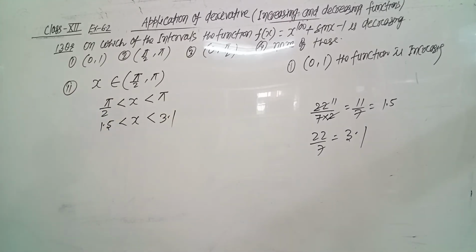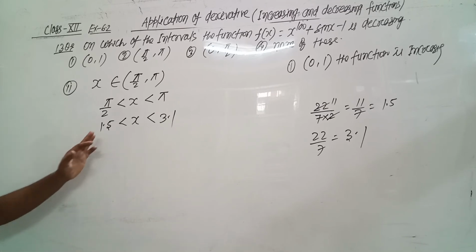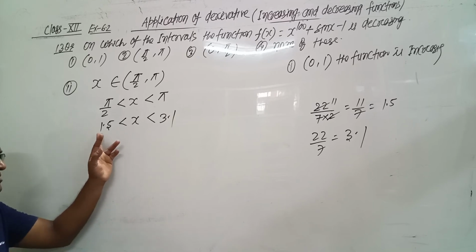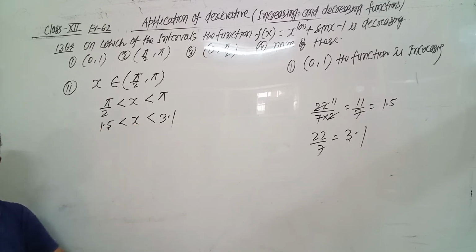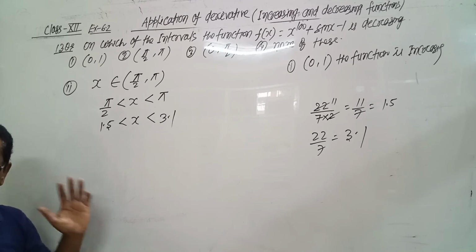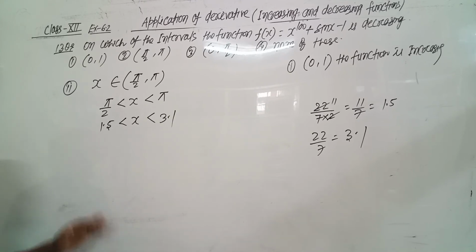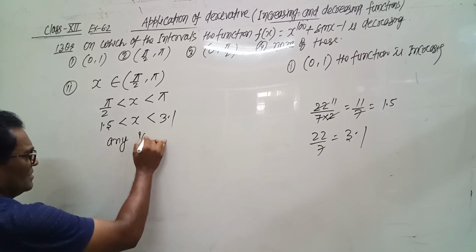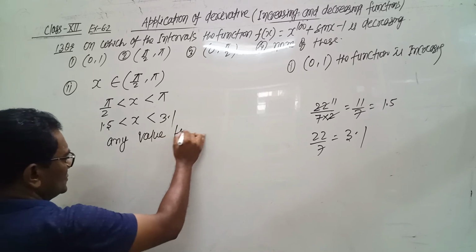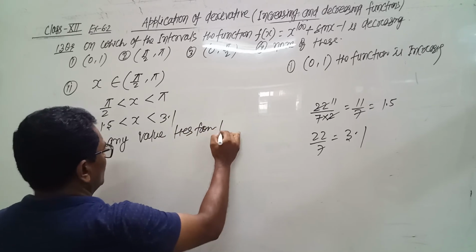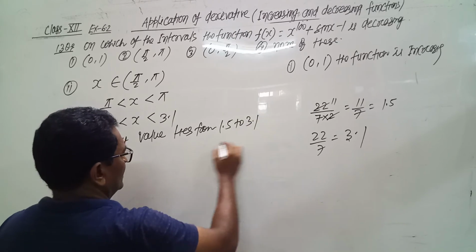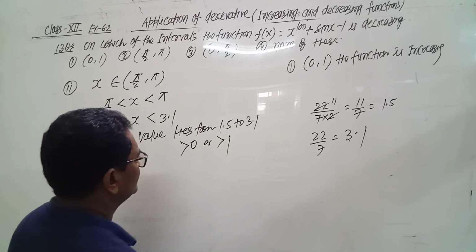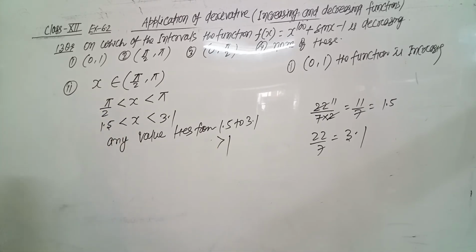It means the value of x lies between 1.5 to 3.1, and any value which lies from 1.5 to 3.1 must be greater than 0, must be greater than 1.